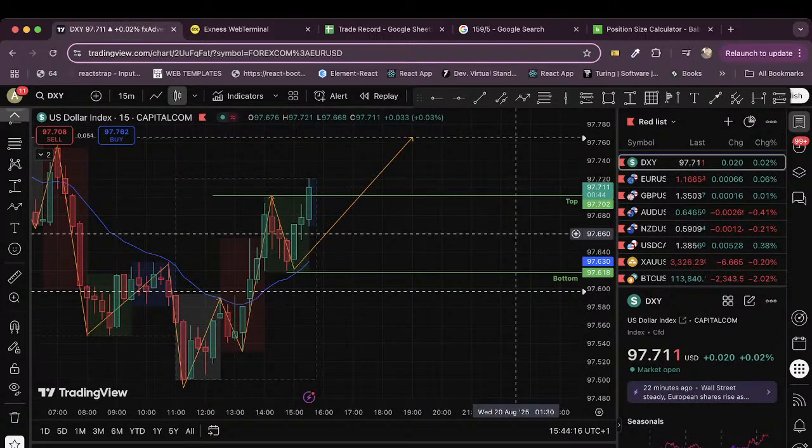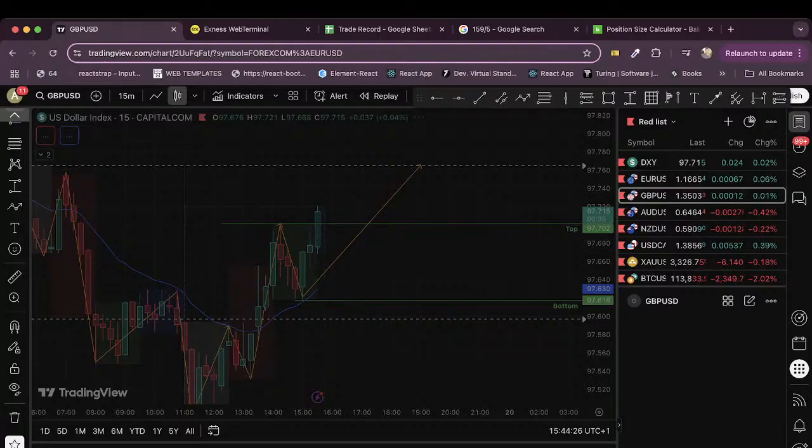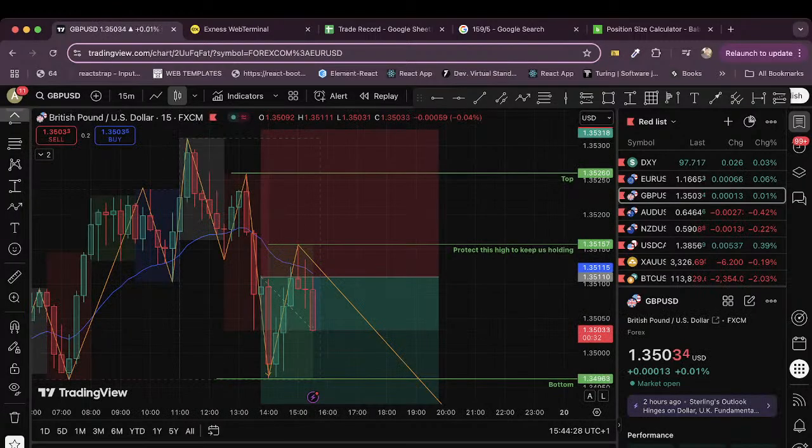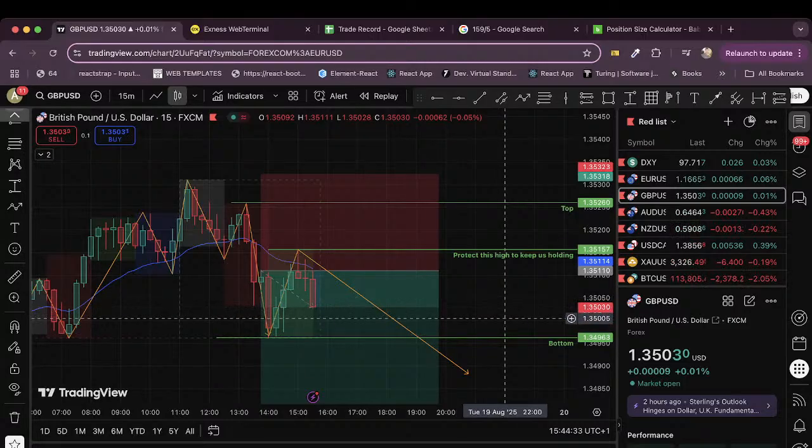You see, DXY is already breaking the high of the first swing, but British pound is yet to even come close to the low of the first swing, which is why I'm quite annoyed.